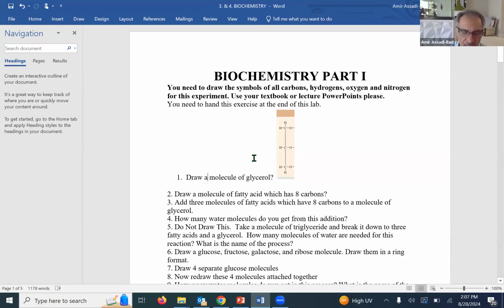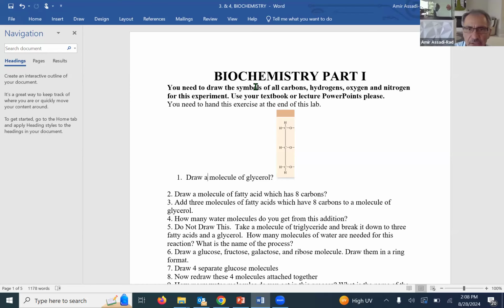I have to write a note, because with me changing textbook, there could be other pictures that are missing. So I got to get a glycerol, and I will put it in this PowerPoint presentation. So you do have a molecule of glycerol just by itself.